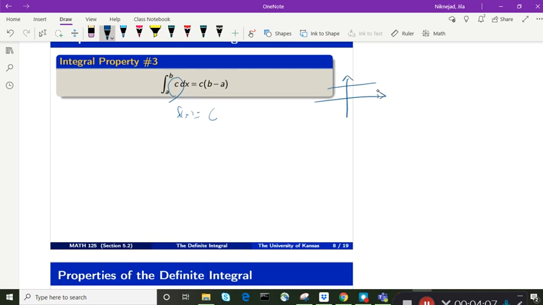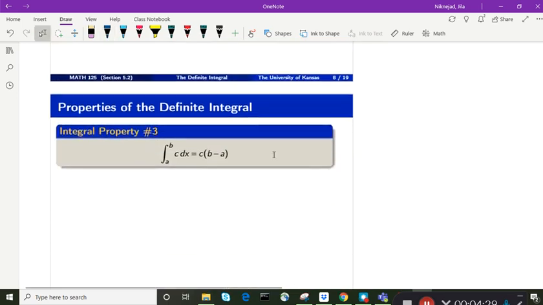If I'm computing the area between a and b here, then I will have a rectangle. And what is the area of that rectangle? It's the y value of the function, which is c, times (b minus a). So for a constant function, that's what you get.